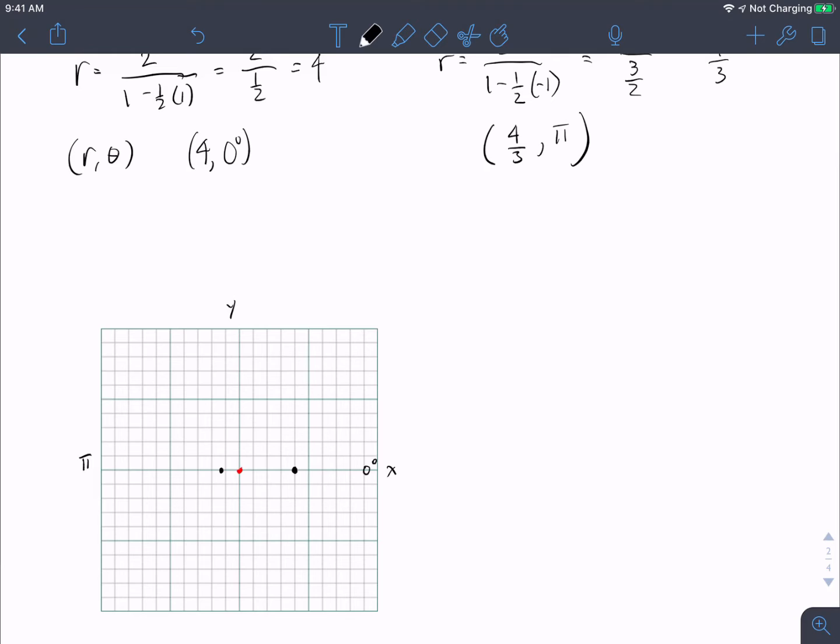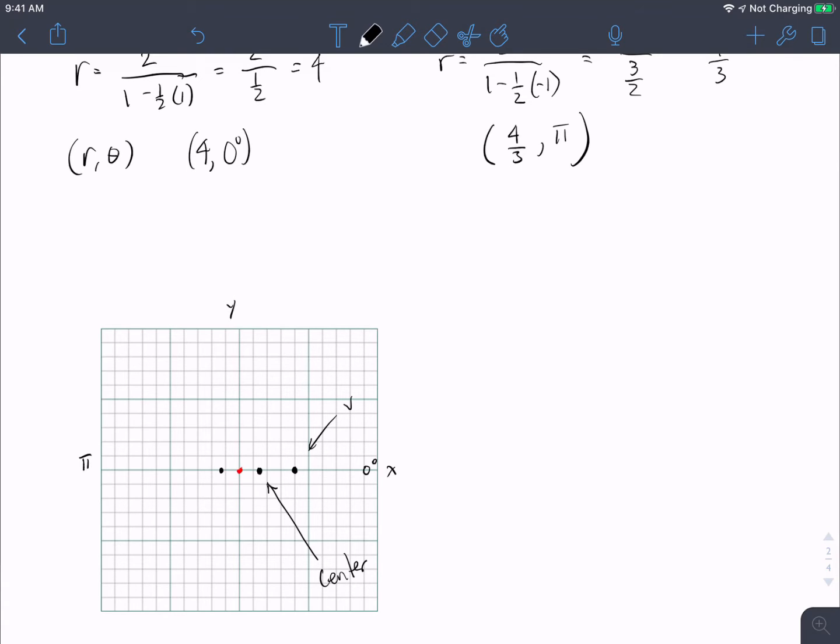To find the center is just going to be the midpoint between these 2 points, and so the midpoint of these 2 points is going to occur at 0, 4 pi over 3, and that's because the angle from here to here and the angle from here to here is going to yield that 0 and 4/3. So that's going to be right there. That is our center.